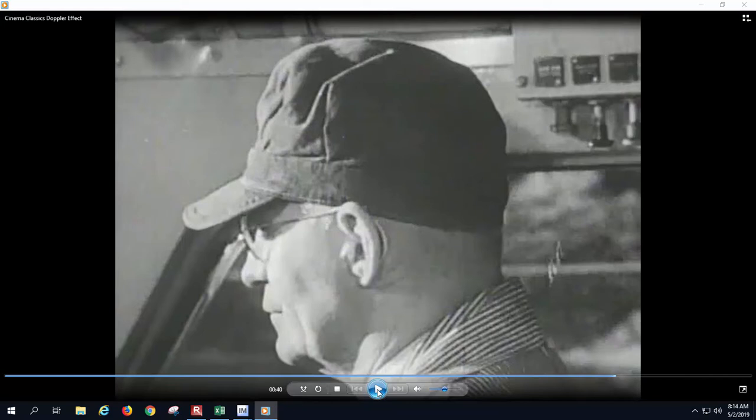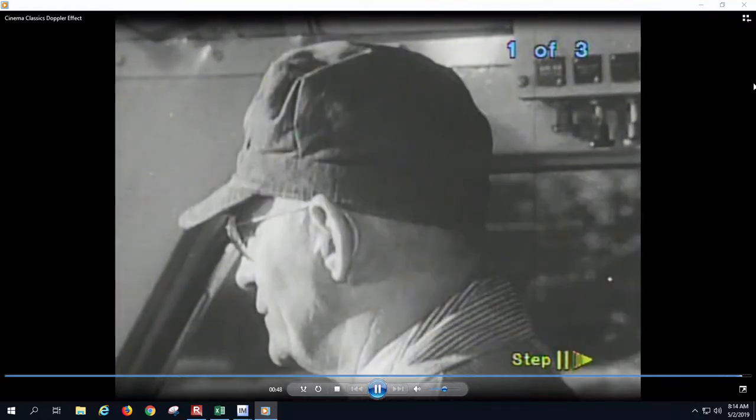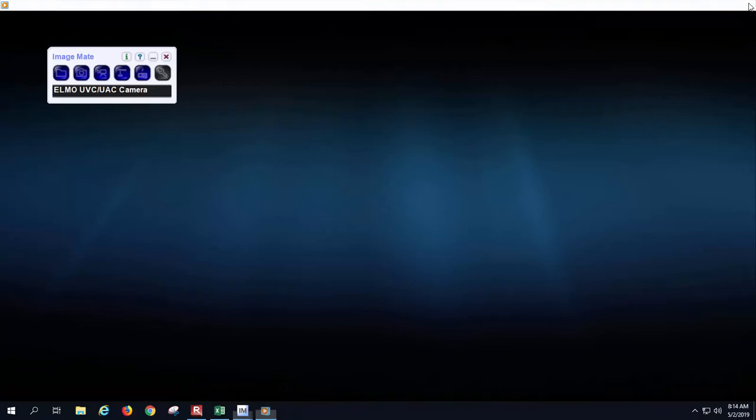The camera is on the train, which is moving. This is not the train making the noise, it's the crossing gates. You can definitely hear that change.